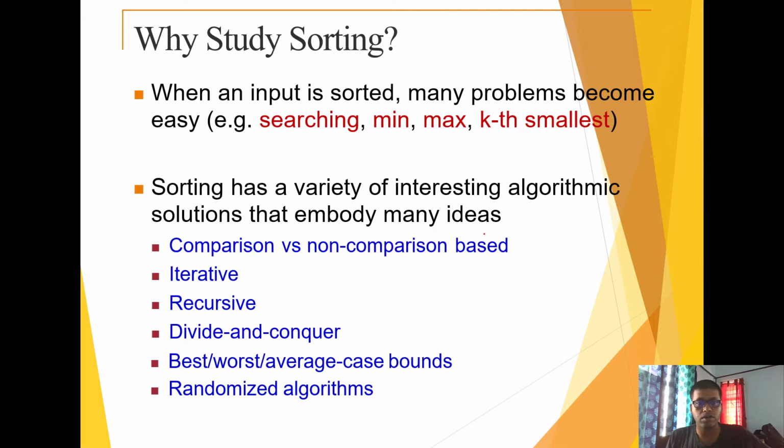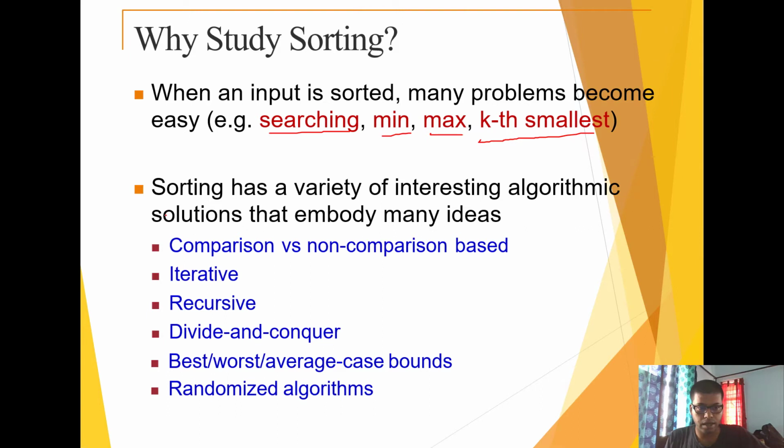Now, why start with sorting? When input is sorted, many problems become easy, such as when you go for searching, when you try to find the minimum value or the maximum value. Sometimes we try to find the kth smallest value. All this becomes much easier when the data is sorted.